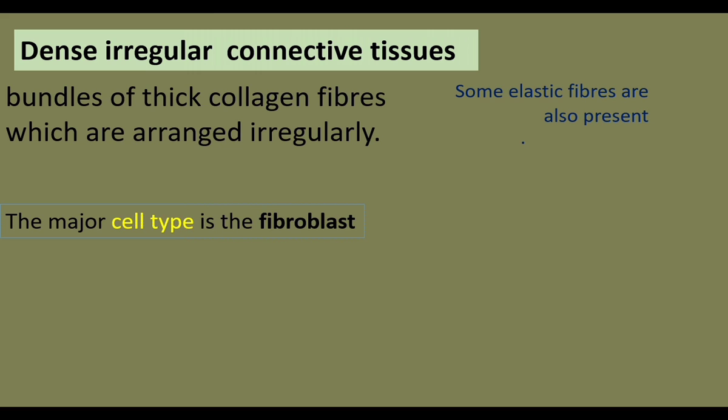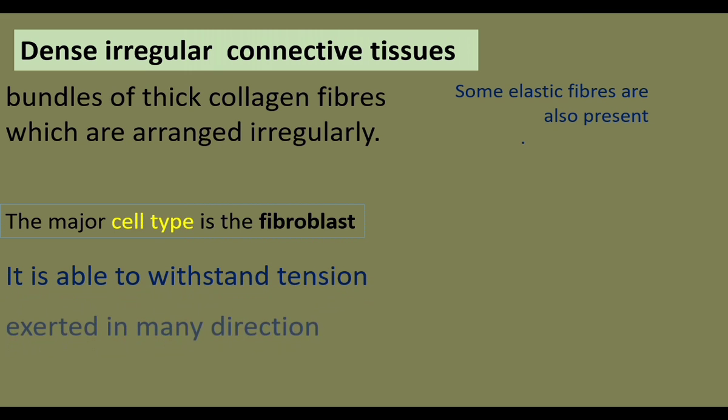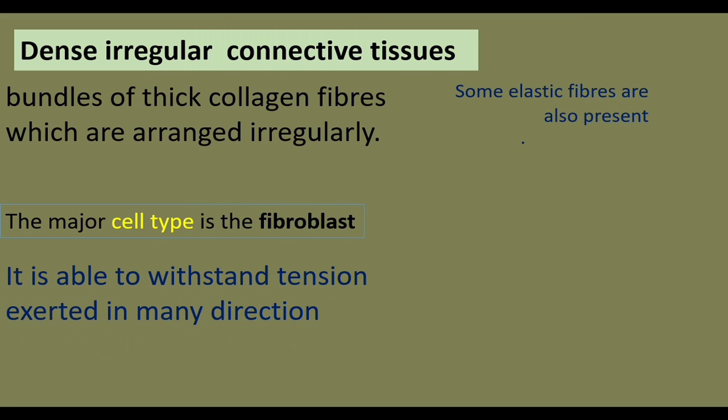Fibroblasts are cells that only secrete collagen fibers. It is able to withstand tension exerted in many directions. Dense regular connective tissues withstand tension in a single direction, but irregular connective tissues withstand tension exerted in many directions.